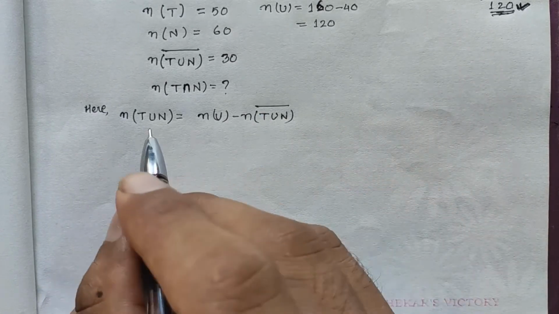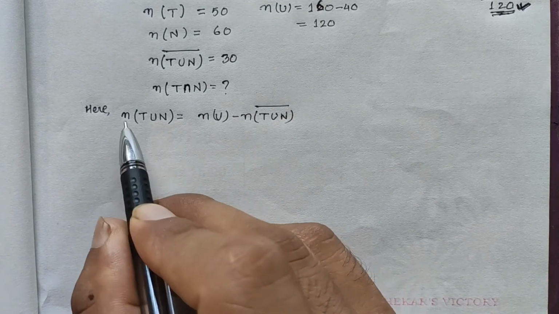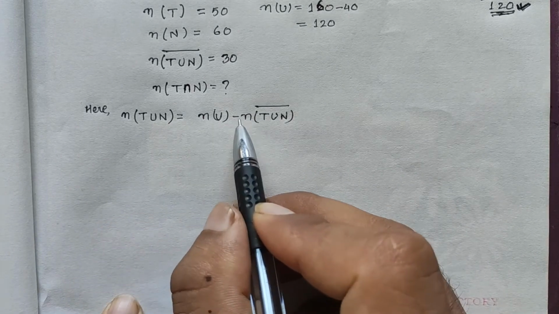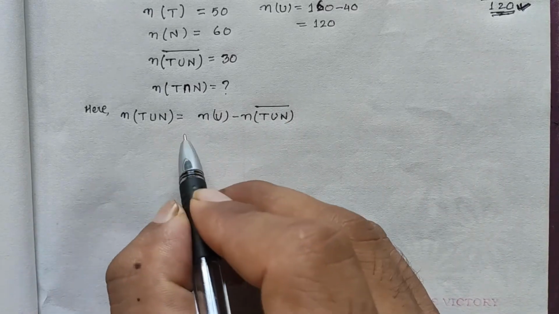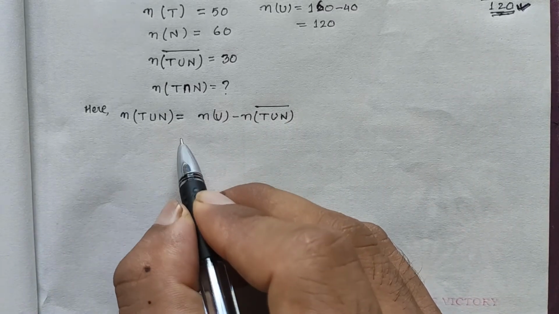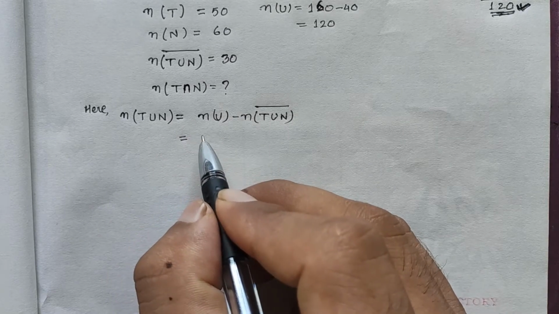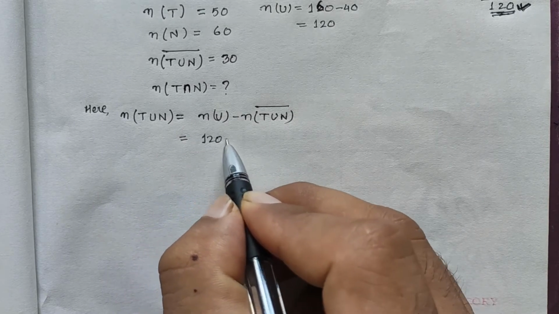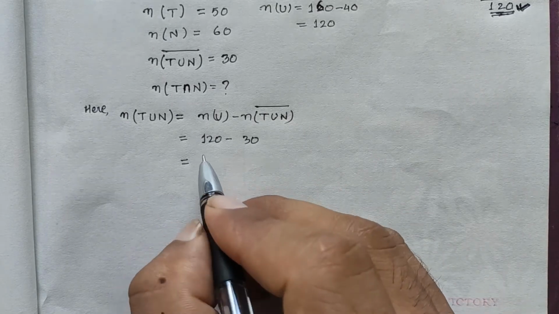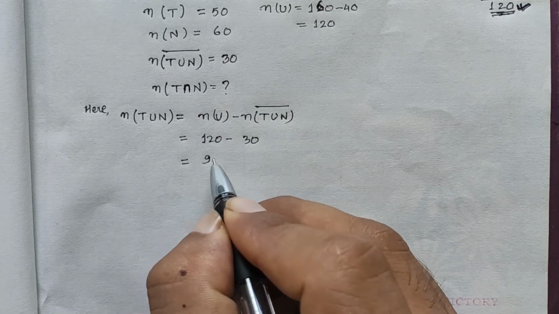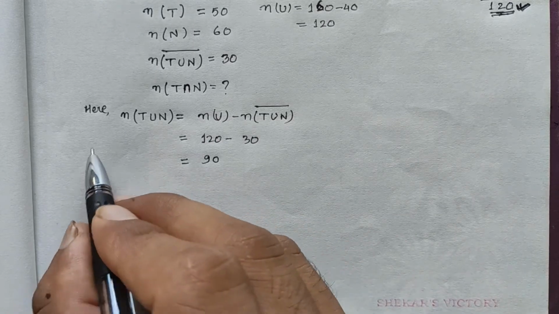The formula for A union B is NU minus N of A union B complement. From that formula it is derived. You can check my previous video for formulas. So NU is 120, minus complement 30, and it is 90. So the union is 90.